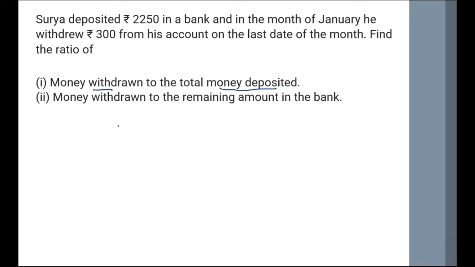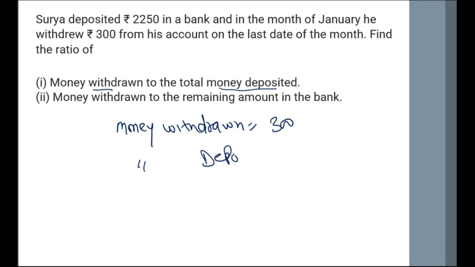First of all, we know that money withdrawn is 300 rupees, right? And money deposited here is rupees 2250, right? So what is the ratio of money withdrawn to the money deposited?